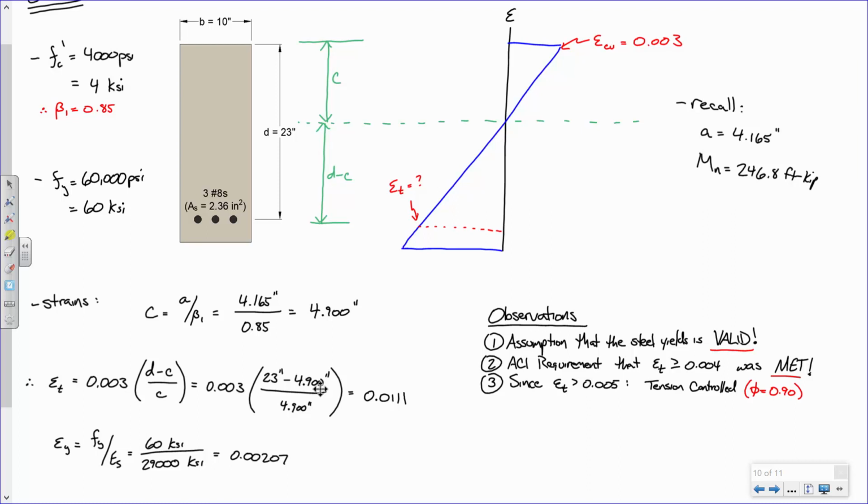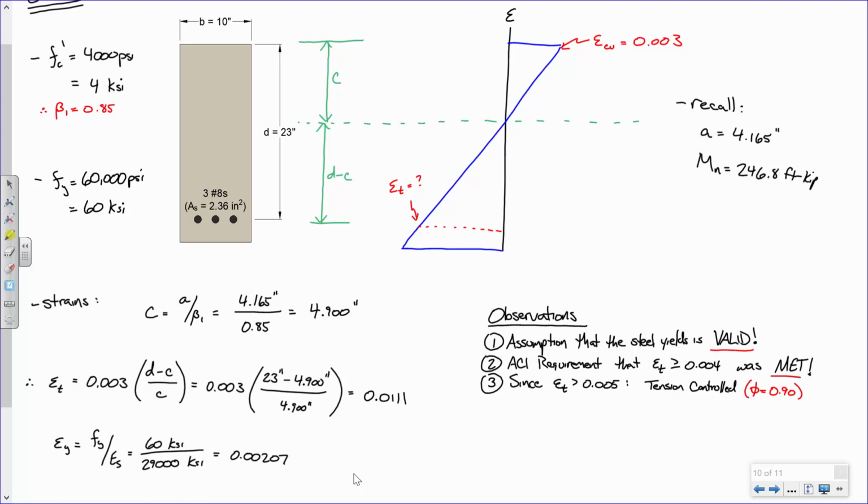Also, looking at this number, we can make 2 other really important observations. If you recall, there's an ACI requirement that the strain must be greater than or equal to 0.004. That has been met. There's also an observation that can be made because this strain value is larger than 0.005.